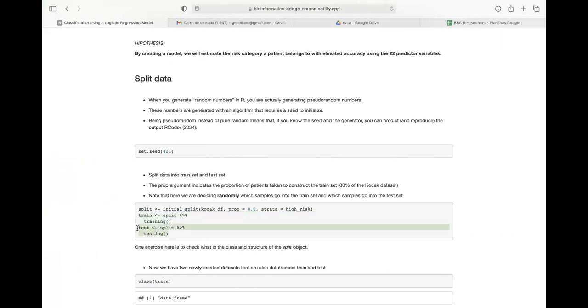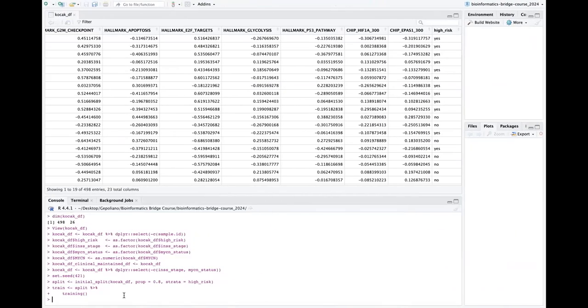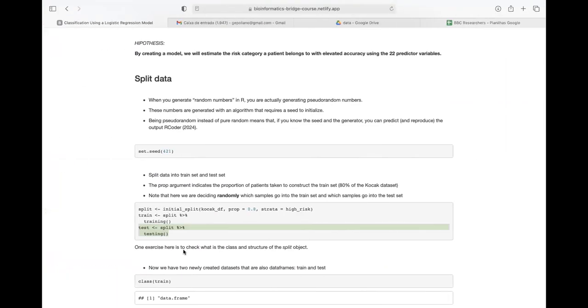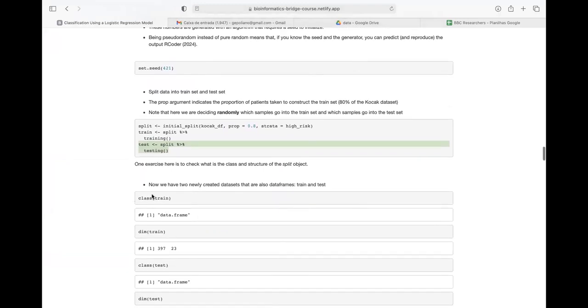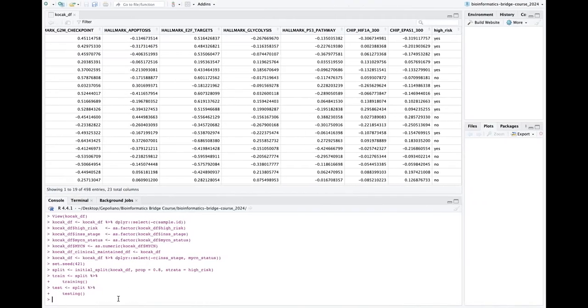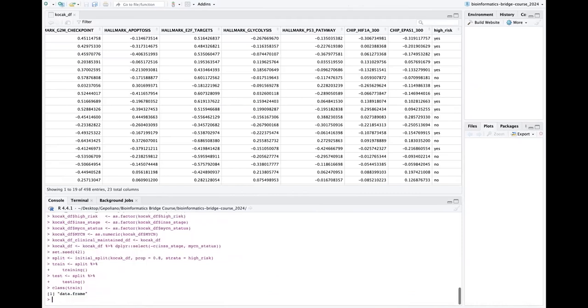And I can construct the test set. And let me see here. Let's now ask R which class the train data set belongs to.